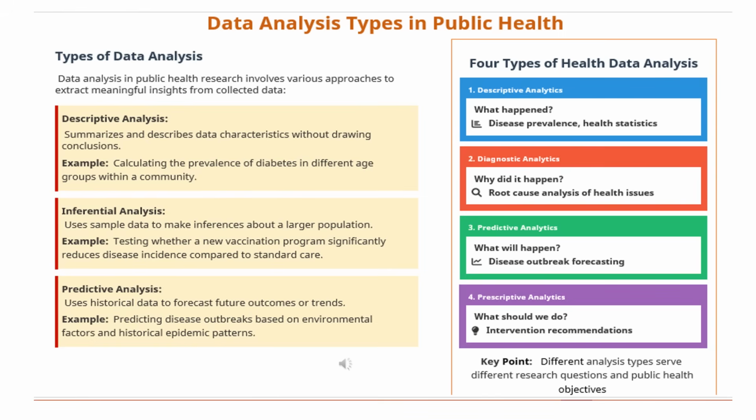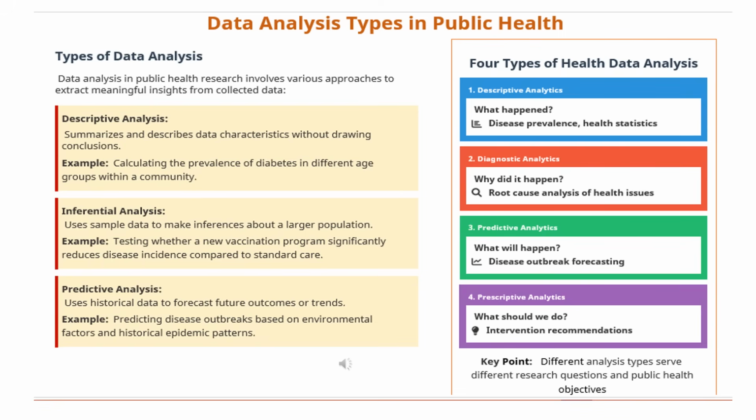Then finally, we have prescriptive analytics, which addresses what should we do. This type of analysis goes beyond prediction to recommend specific actions or interventions. For example, recommending targeted public health campaigns based on predictive models of disease spread.